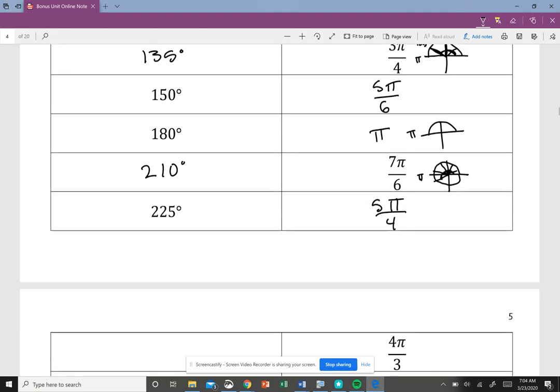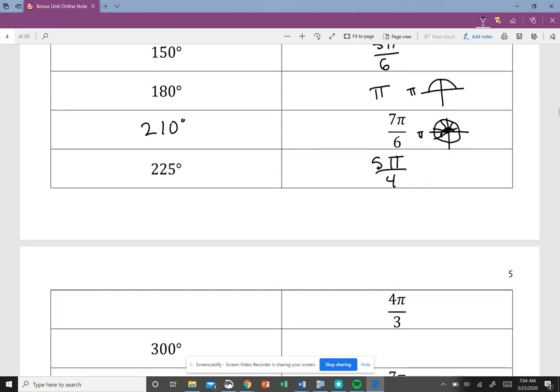Okay, does this make sense? If it doesn't, please leave a comment below, and hopefully someone will address it, and they can maybe address it in a different way than I have, or maybe I'll get to it later. You never know. Notice this is 5 pi/4, so this would be 1/4 more than pi. So here we'd be at pi, and then we'd go 1/4 more, which is 225 degrees from the origin.